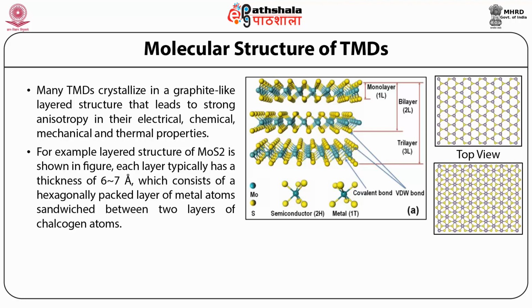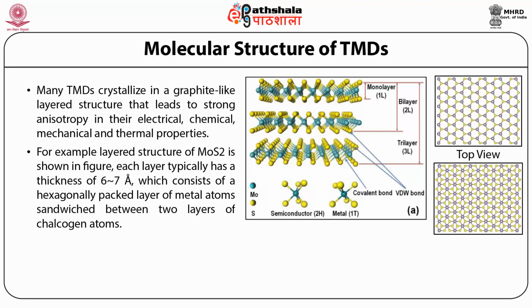The intralayer M-X bonds are predominantly covalent in nature, whereas the sandwich layers are coupled by weak van der Waals forces, thus allowing the crystal to readily cleave along the layer surface. As suggested, like graphene, single layers of TMDs are stabilized by development of ripple structure.